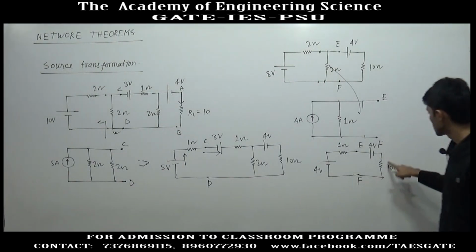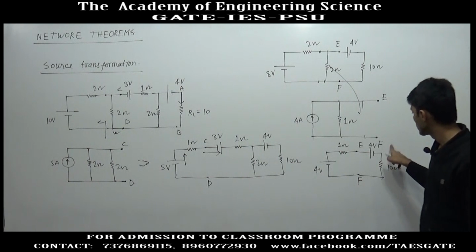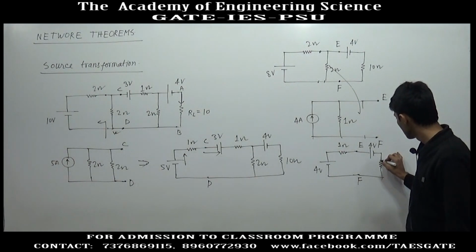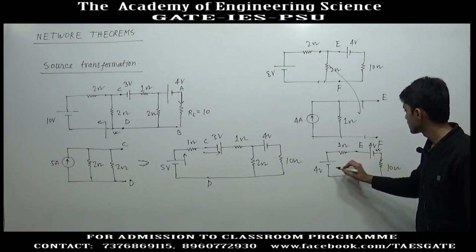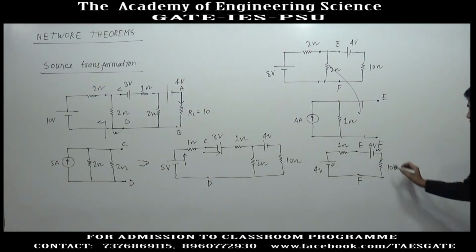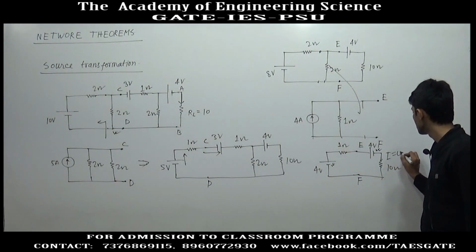Now this resistance is still the same. Now if we try to find out current in this resistance, the two voltage sources cancel each other, so here current will be 0.